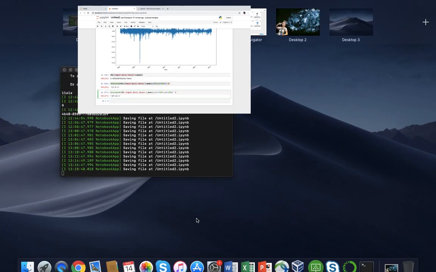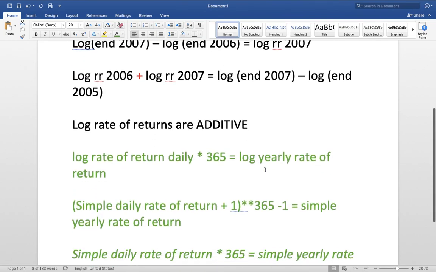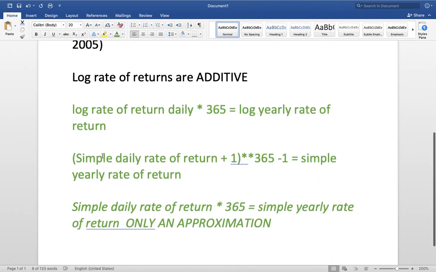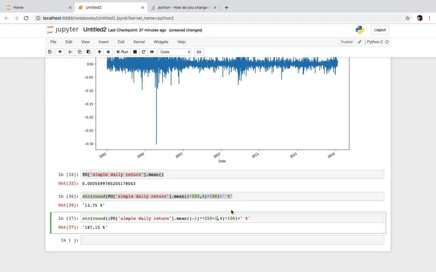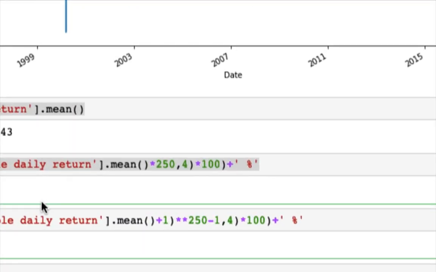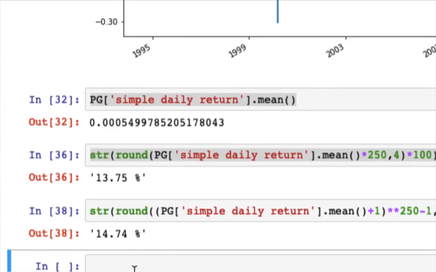Let me go back to the formula. Here. Sorry, plus 1 to the power of 265 minus 1. Okay.